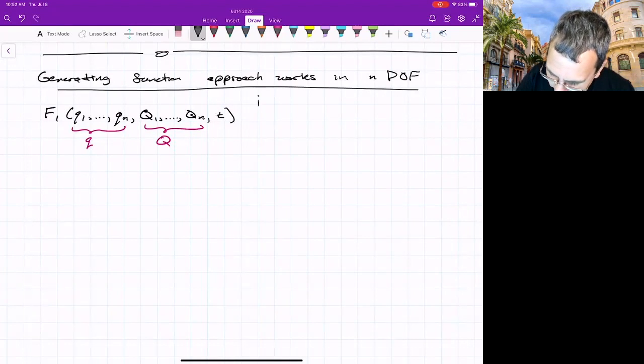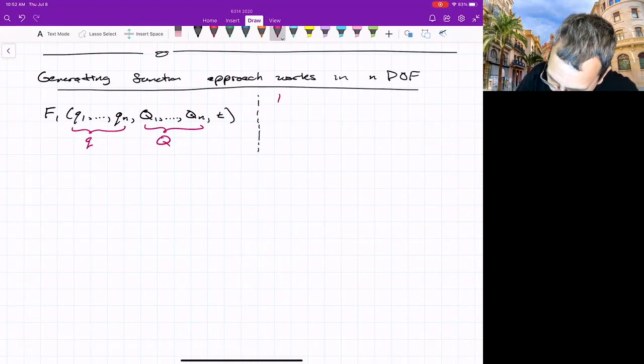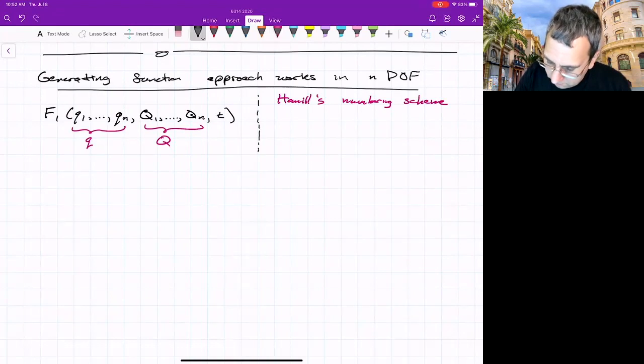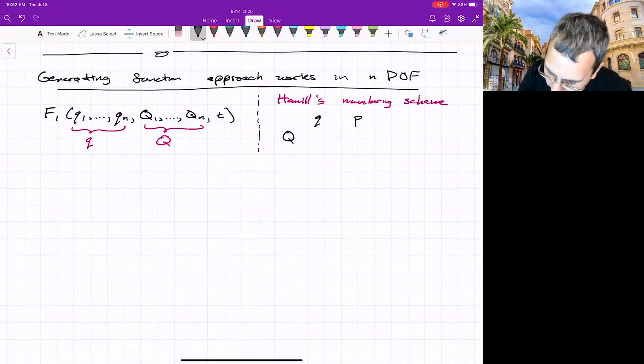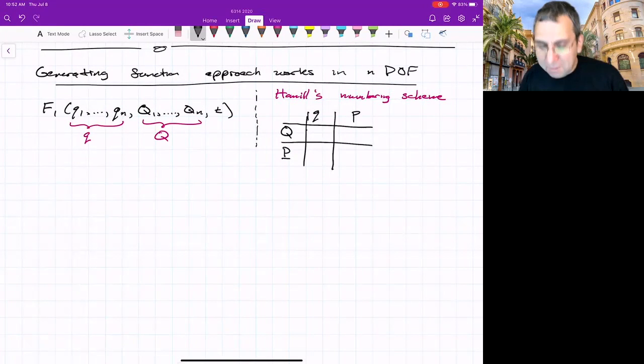It is useful to see what Hamill's numbering scheme is. If it involves little q and little p, we're making a little table, and then big Q and big P. If you have an f that's just a function of little q and big Q, you put a subscript 1.